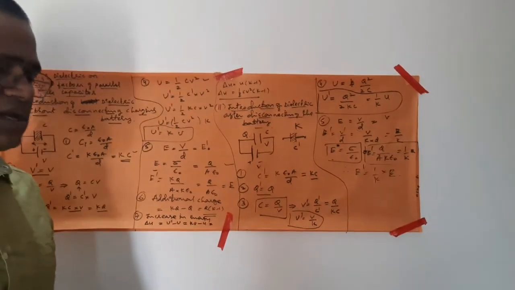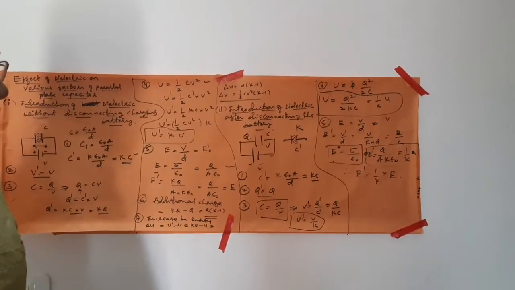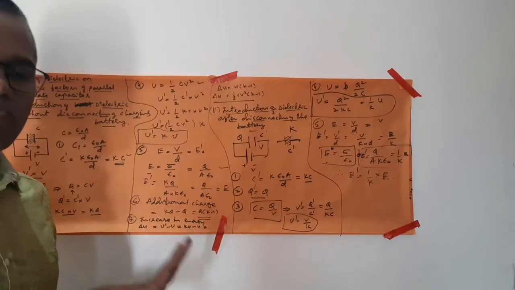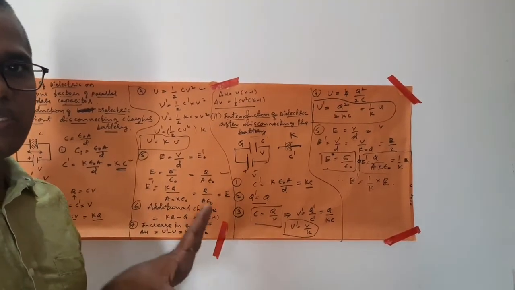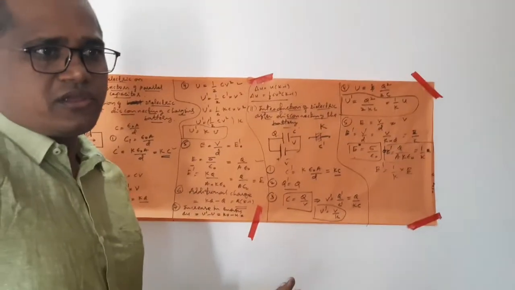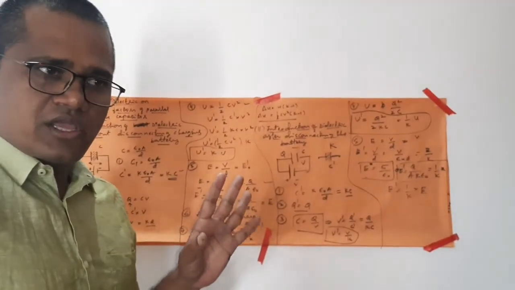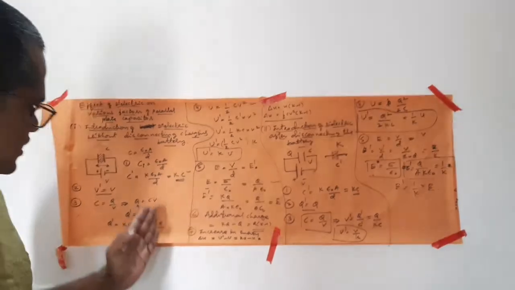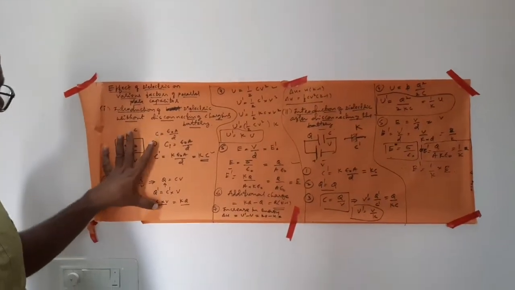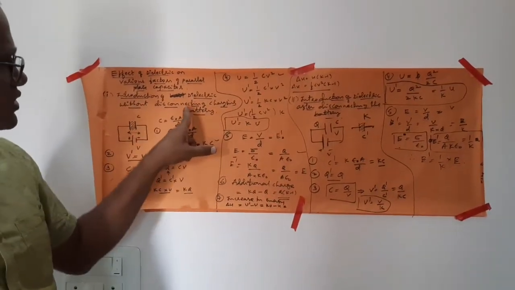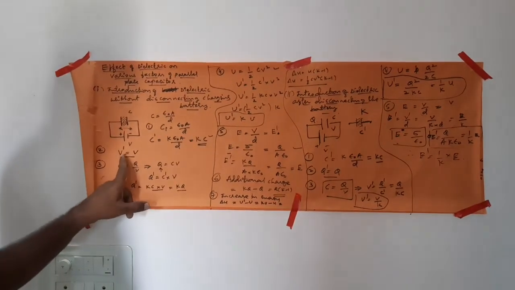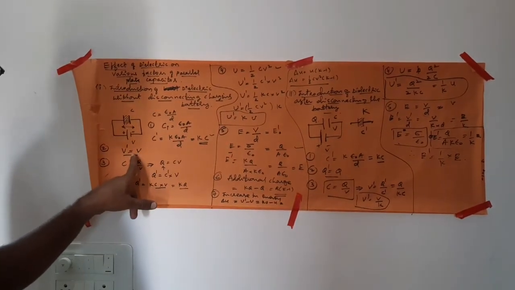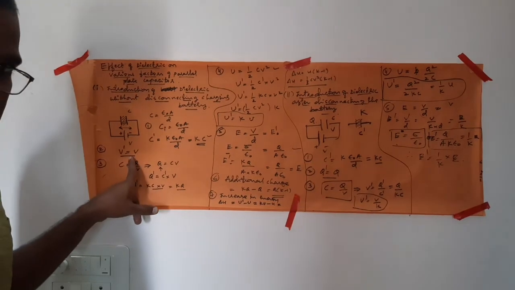So lastly, I conclude here, the dielectric plays a very important role in increasing the capacity, in increasing the energy storing capacity. As you can take an example, in the first case, introduction of the dielectric without disconnecting the battery, the potential difference is not changing.